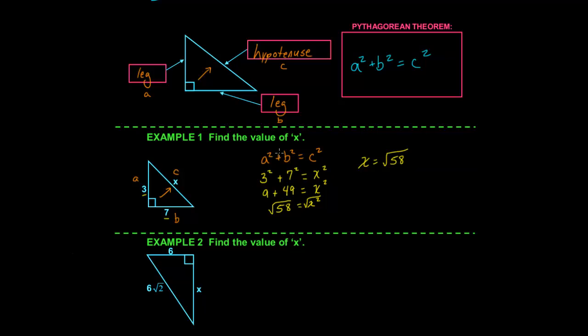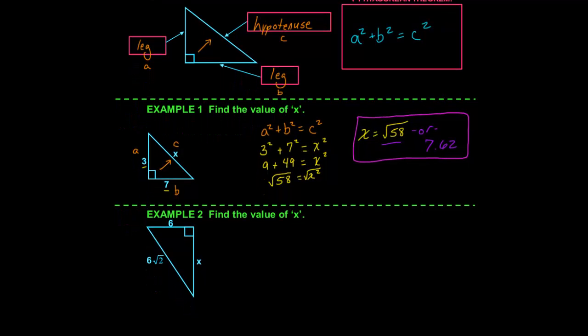So when you type that into a calculator, if we go to 2 decimal places, you will get 7.62. So x is equal to the square root of 58, or 7.62. This will be our final answer. Go ahead and put a little square around that. Alright.